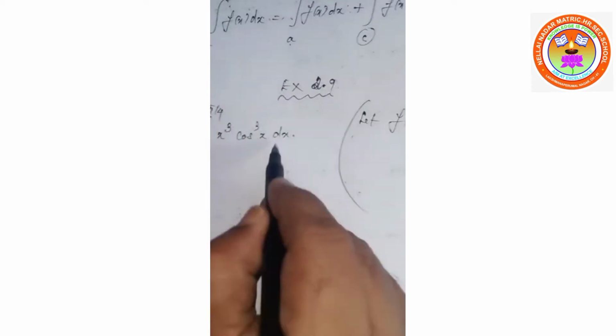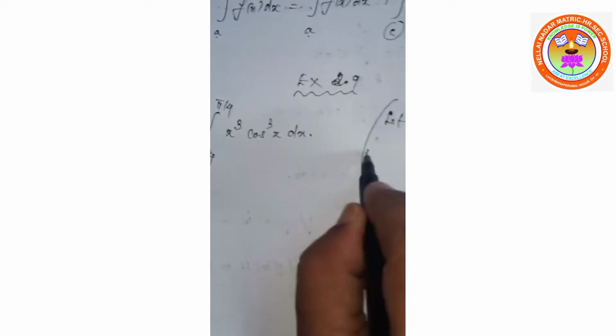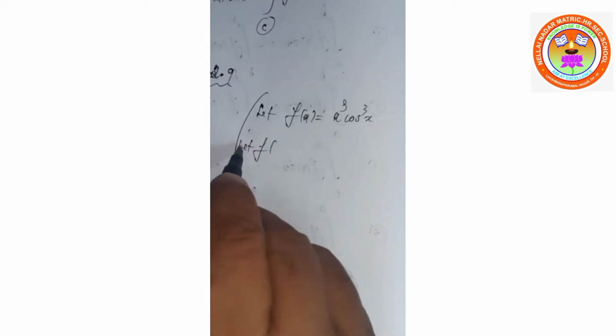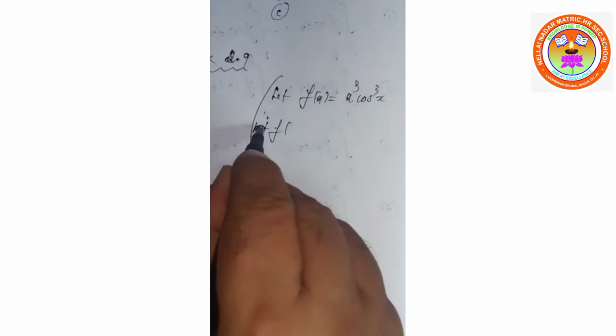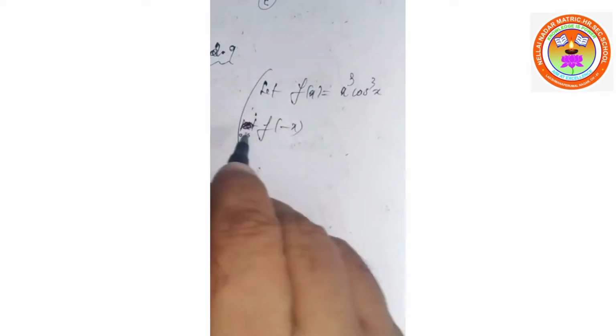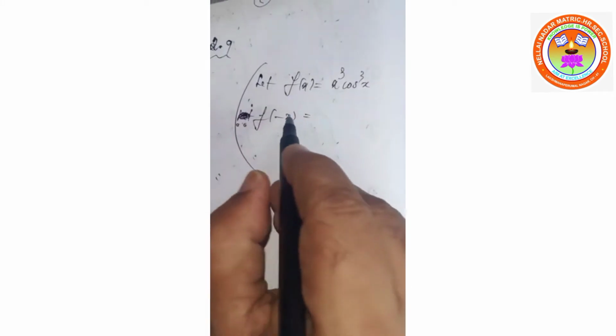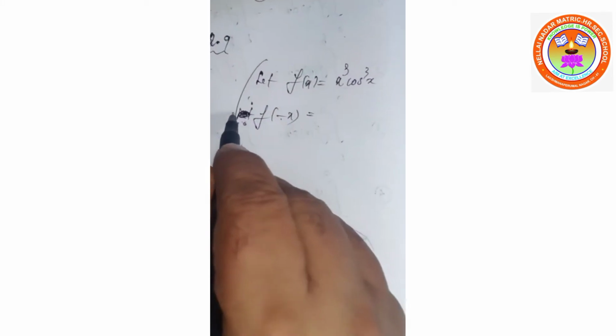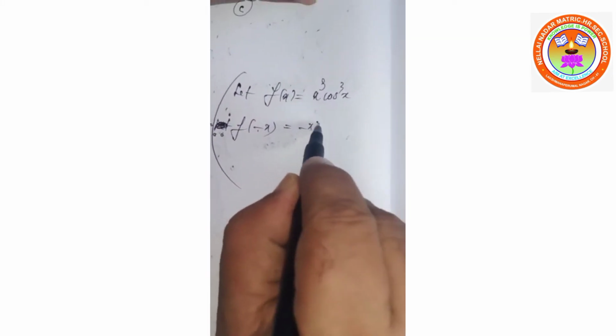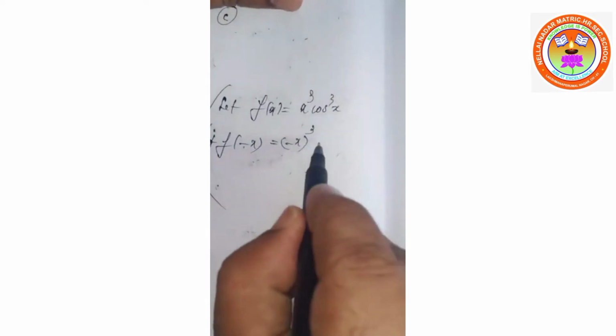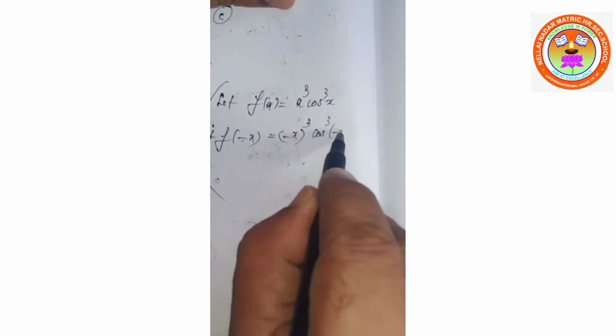I have written f of x. Now I am going to find f of minus x. Therefore f of minus x equals, just replace x by minus x: (minus x) whole cube times cos cube of minus x.